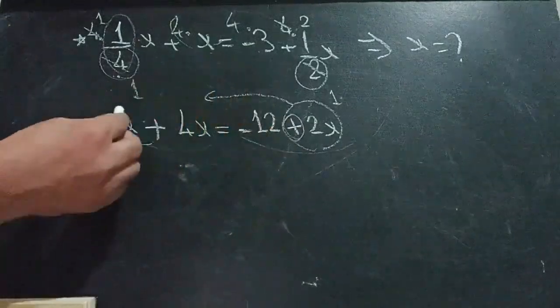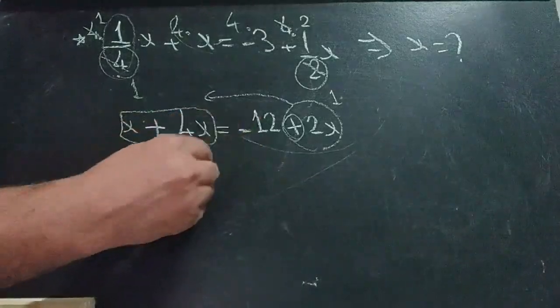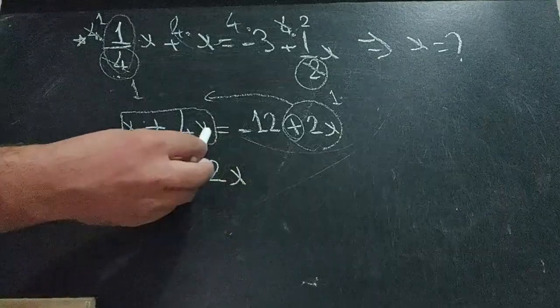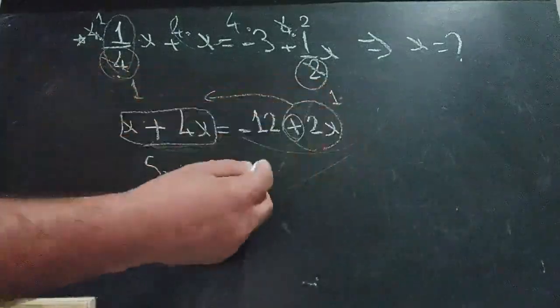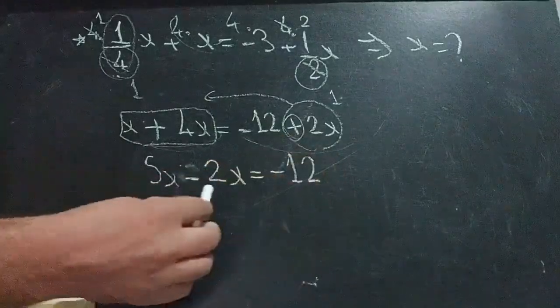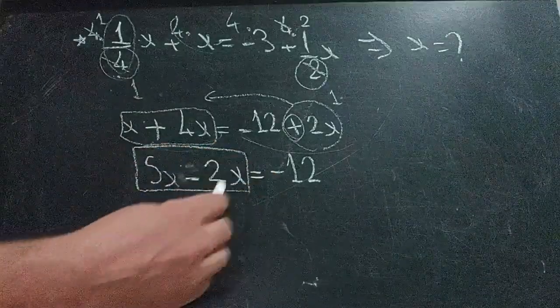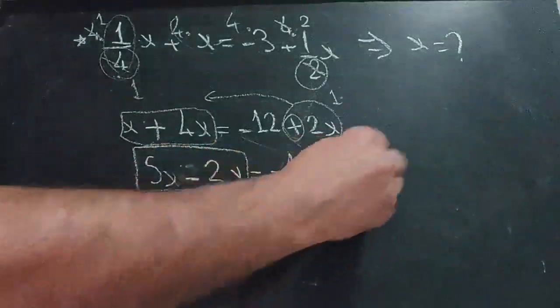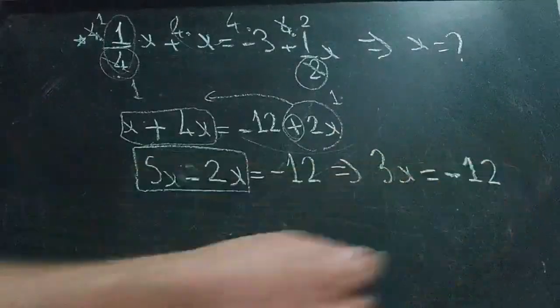While I'm taking this one over there, I will change the operation. So this one will be 5x minus 2x. And by the way, there is no number to send to the right side. Equals negative 12. Okay, 5x minus 2x will give me 3x equals negative 12.